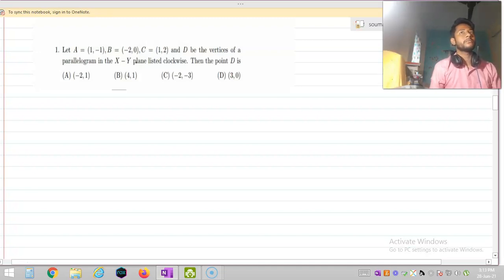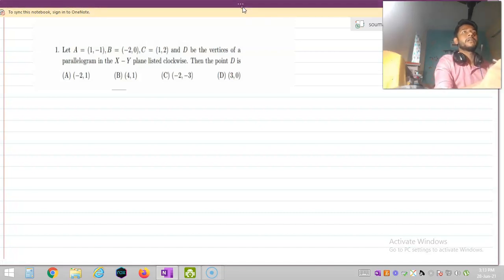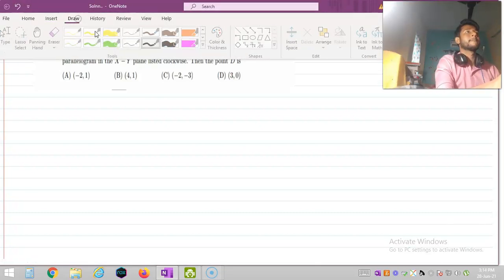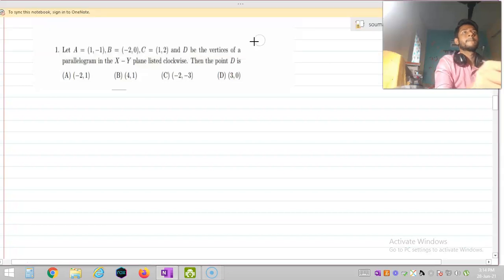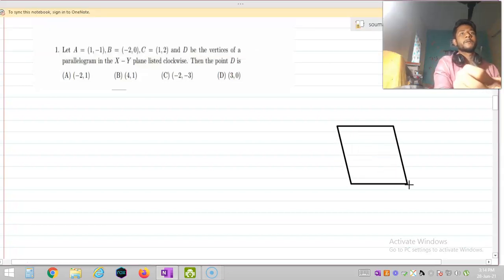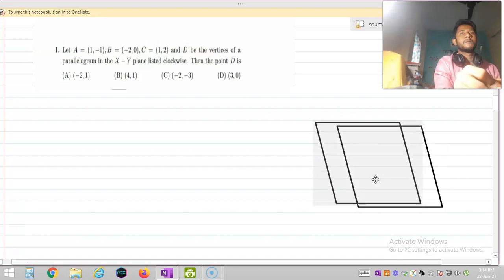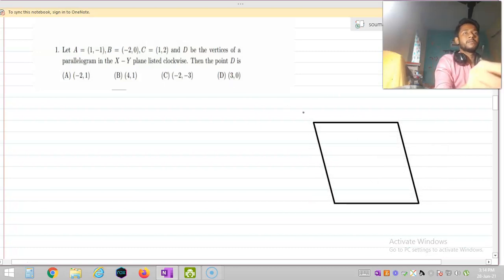So we have to find out the coordinate of D, where ABCD is a parallelogram and we know the coordinates of A, B, and C. Okay, so let me draw a parallelogram. Let this be our given parallelogram.